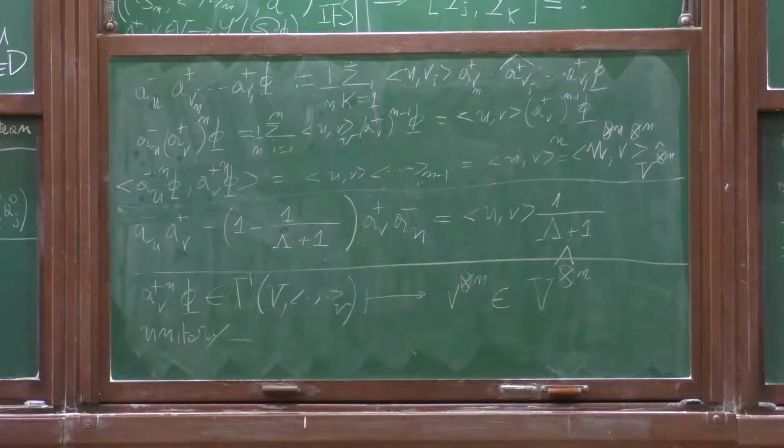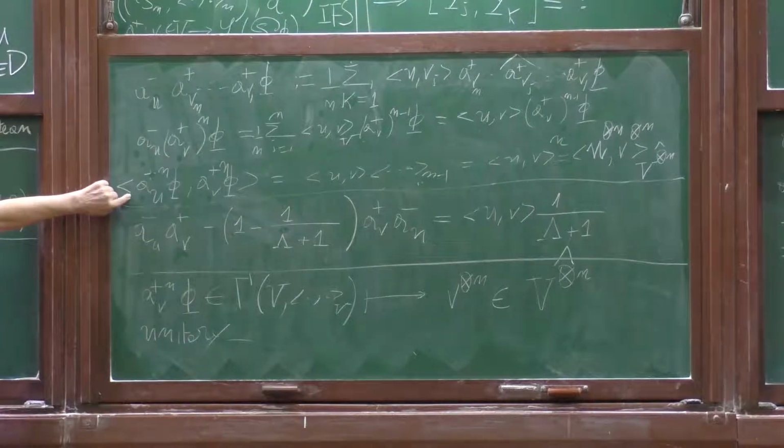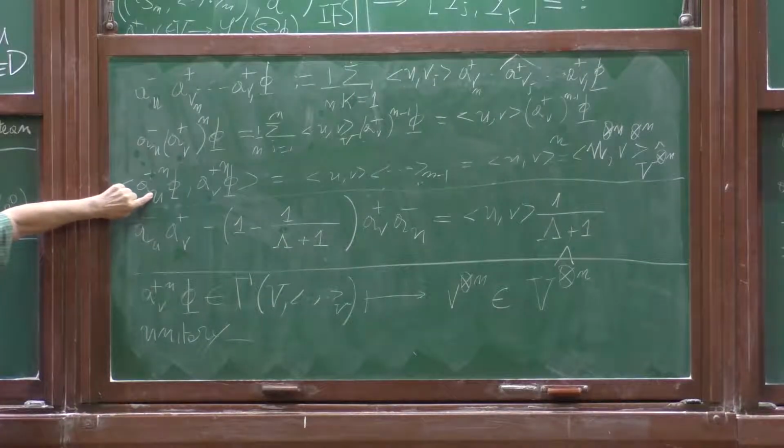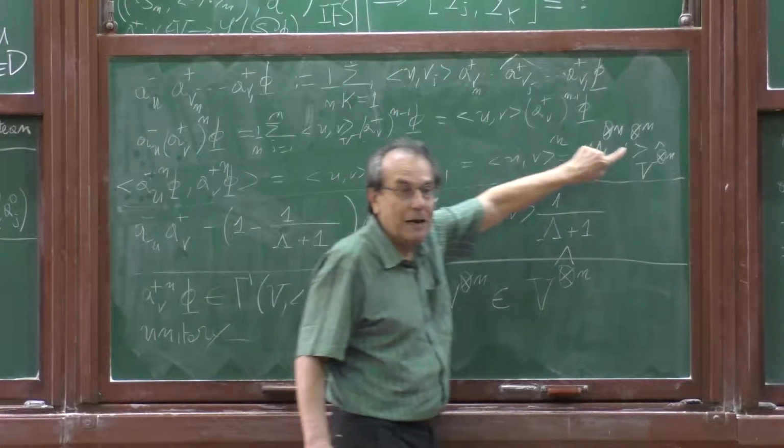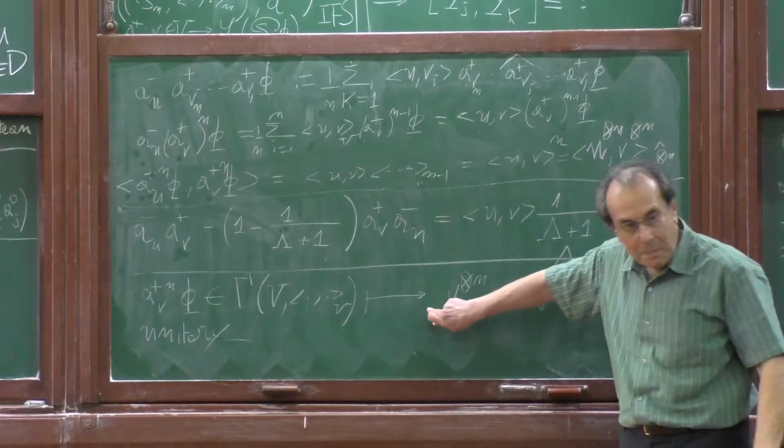Now, see, because the scalar product is the same. The scalar product here is equal to the scalar product here. It means that this map is unitary.